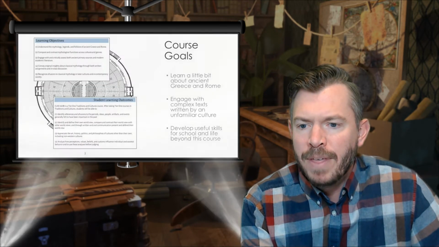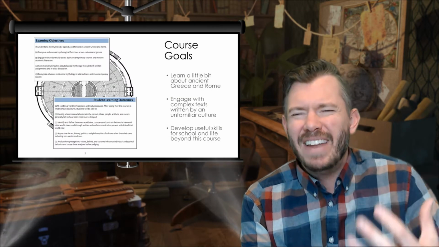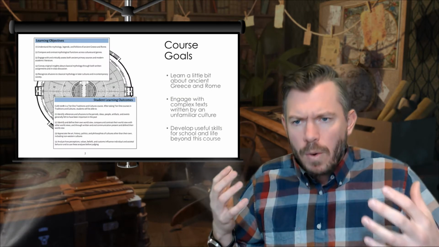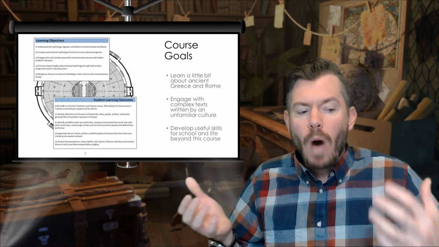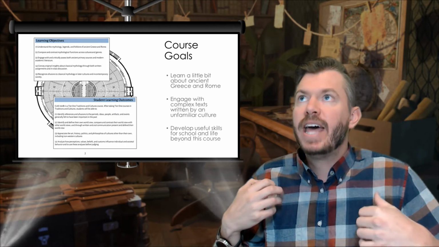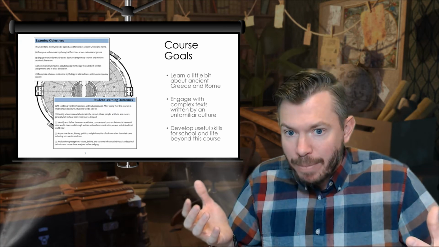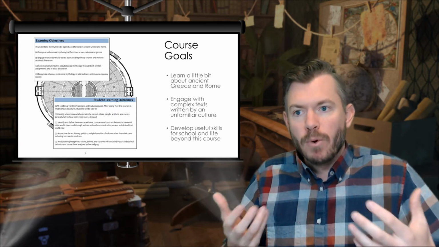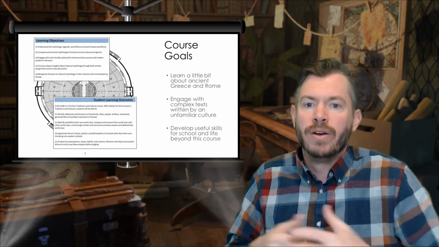Okay, so let's go ahead and talk about course goals, all right? And again, the thinking here is I want you to have a sense for not just what we're doing in this class, but why we're doing it, all right? The idea behind this is that if you know why you're doing something, you're going to be a little bit more invested in actually doing it and doing it well, right?